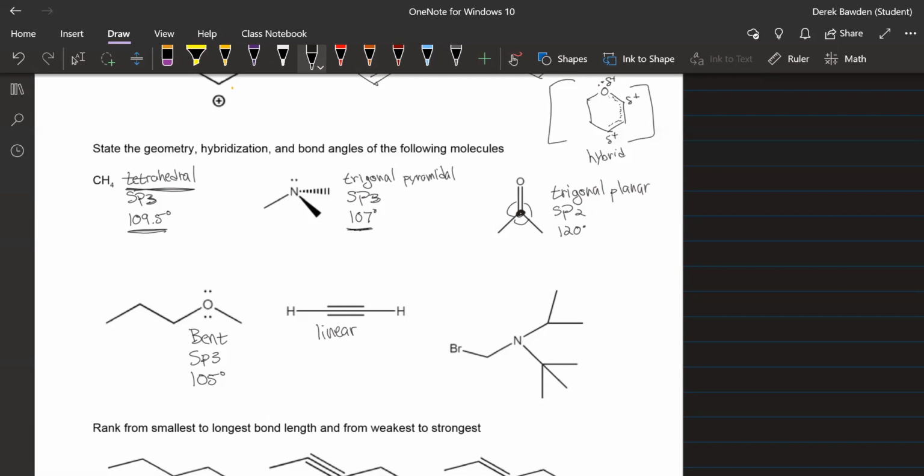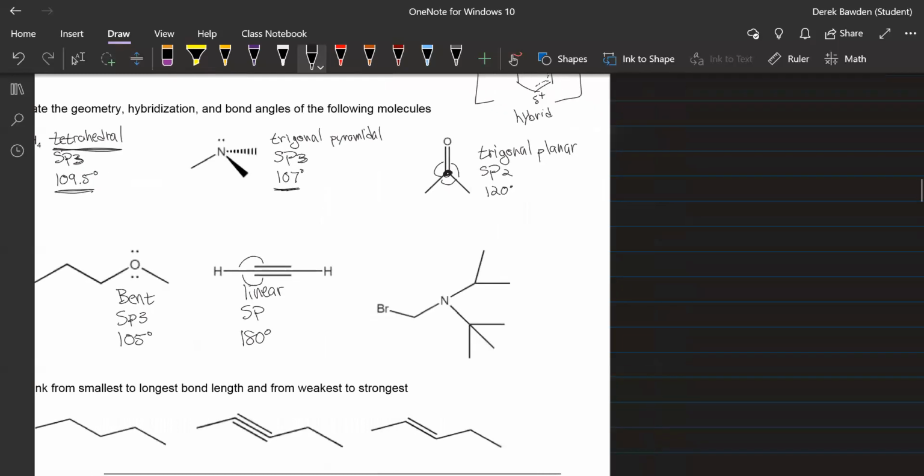Just sp, because there's only 1 region with the triple bond, and the second region is the C-H bond. 2 regions, 2 minus 1 is 1, sp. How about bond angles here? 180, because 360 divided by 2 is 180.